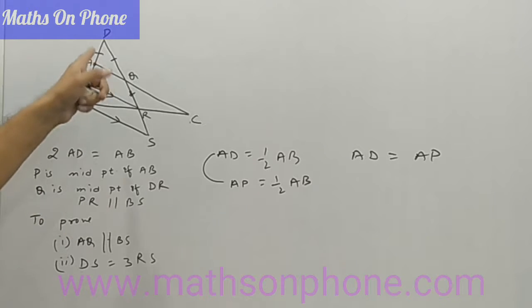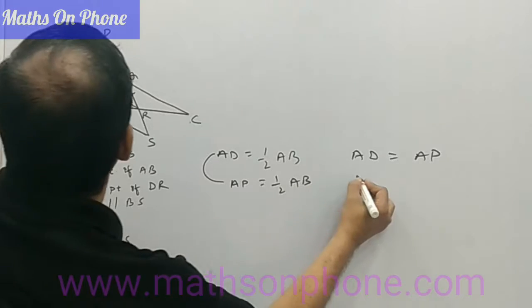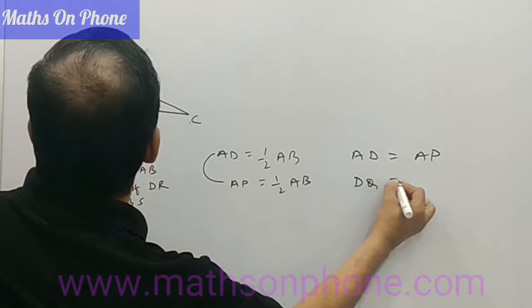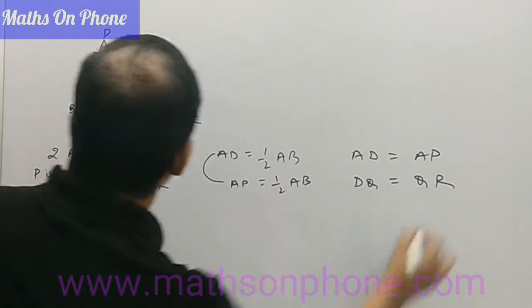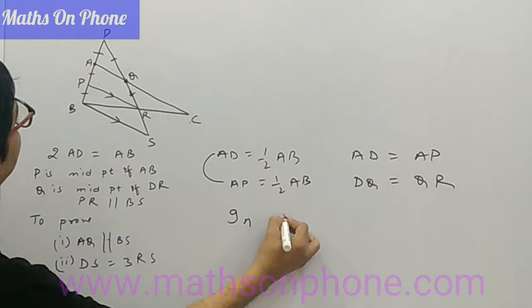And further you see that Q is midpoint of DR. That means DQ is equal to QR.